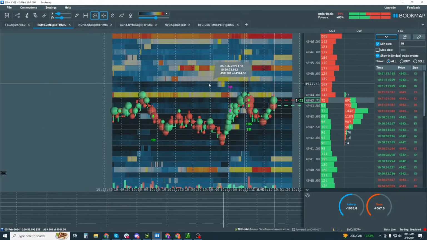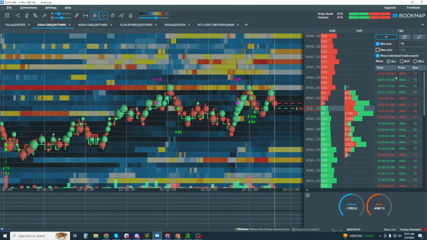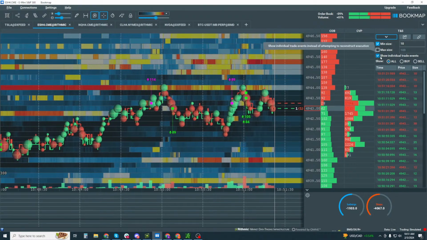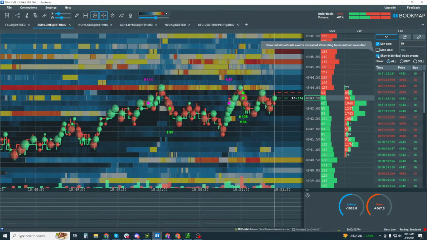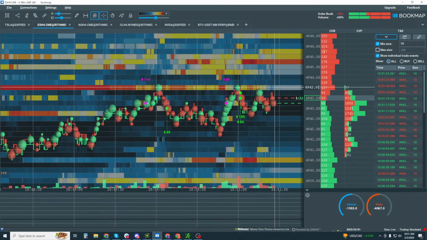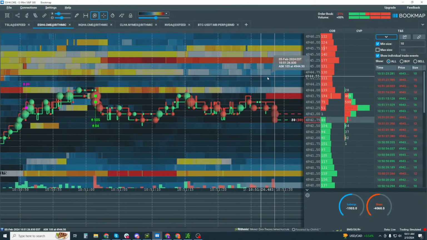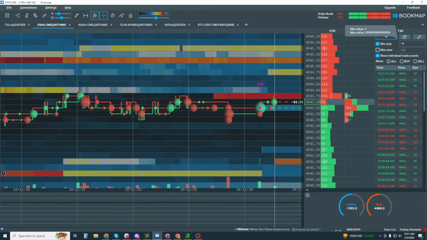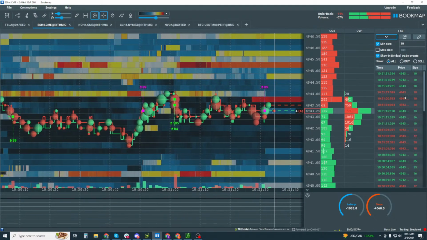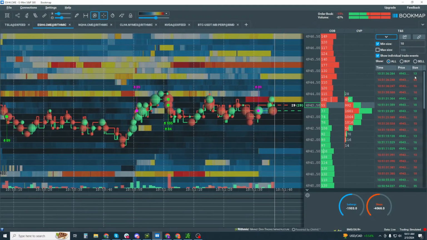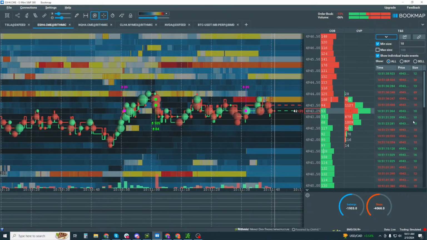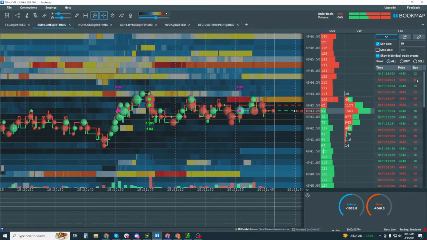Same idea, right? And you'll see that fly through here in the time and sales. Now, if you want to show the individual trade events in here, it means that the other side of that, on the passive side, has to be 10 or greater. And then that's going to really slow things down quite a bit. All those little 1 lots flying through, 2 lots, it has to be 10 or greater now on the other side.